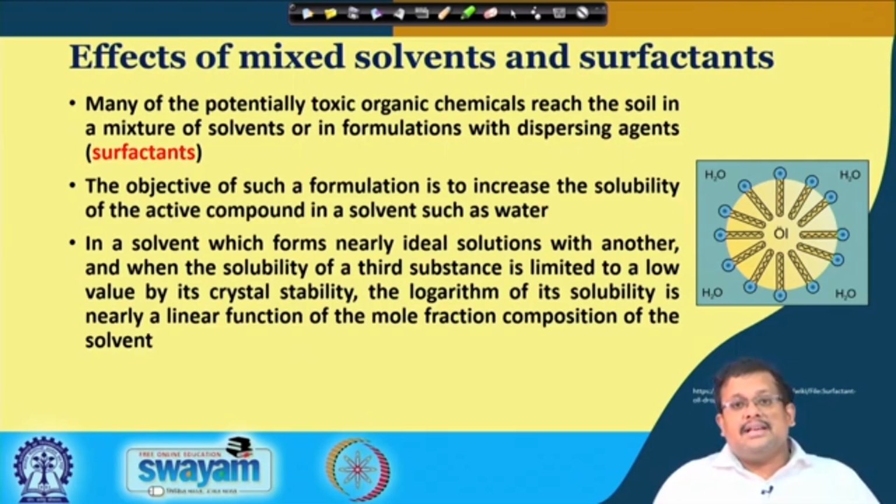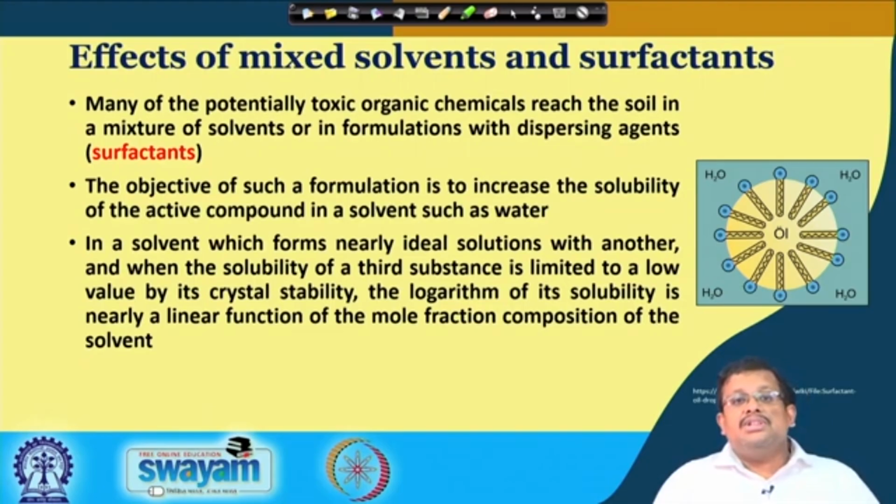Remember that a surfactant is a dispersing agent which has both a hydrophobic tail and a hydrophilic part. This hydrophilic part is basically arranged towards the aqueous phase, and the hydrophobic part is arranged towards the hydrophobic compound. That is why they act as dispersing agents.